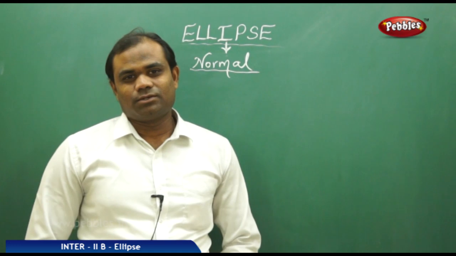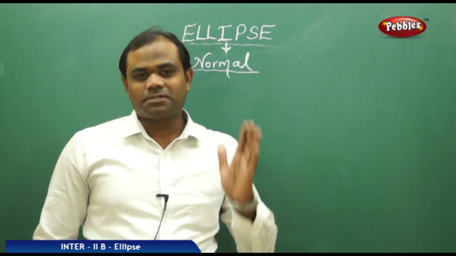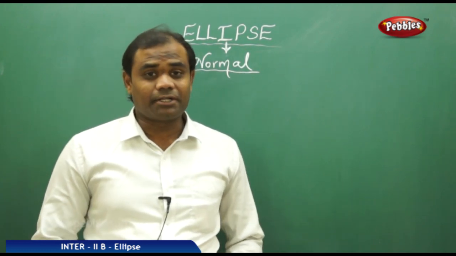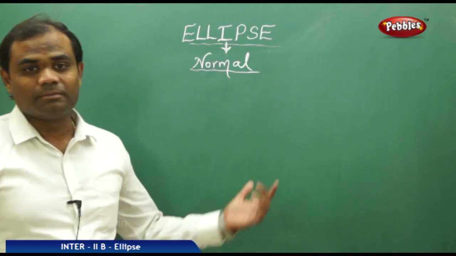Normal to the ellipse. What is a normal? As we have seen in the circle, a normal is a line which is perpendicular to the tangent and passes through the point of contact. Here also we define the normal in a similar manner.